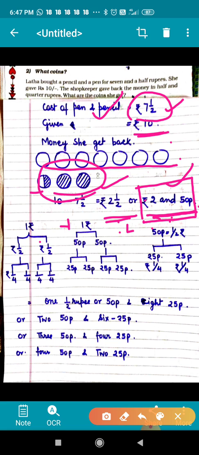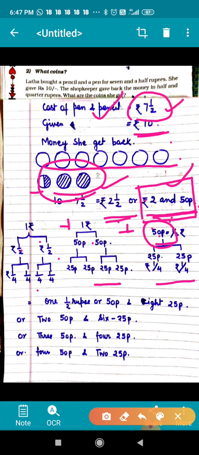Okay, and you all know 1 rupee has 4 25 paisa coins and 50 paisa has 2 25 paisa coins. So similarly I will do for this, and this 50 paisa has 2 25 paisa coins. Correct?